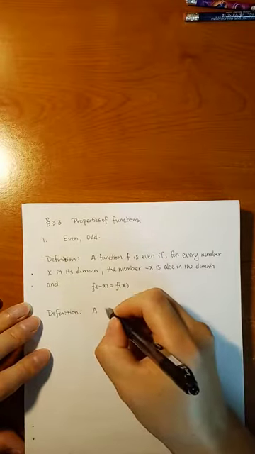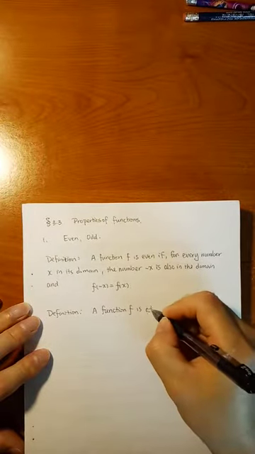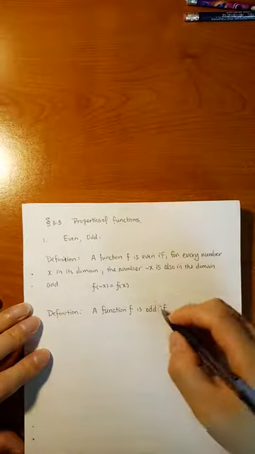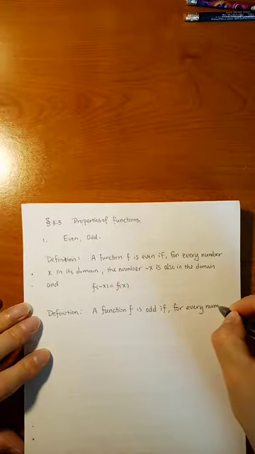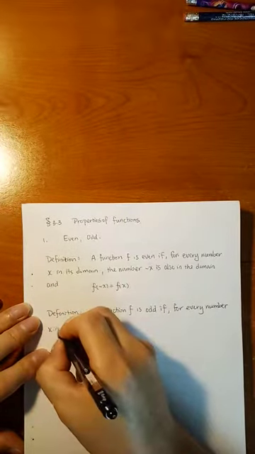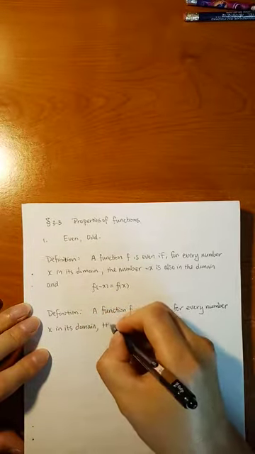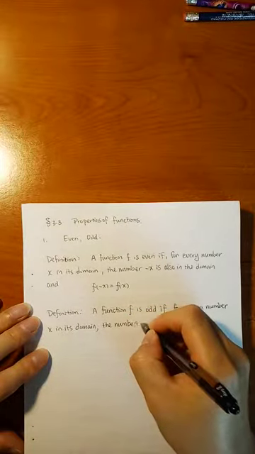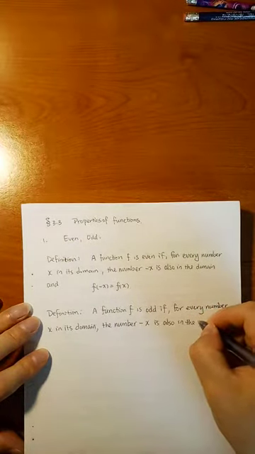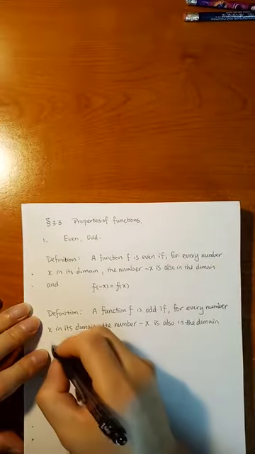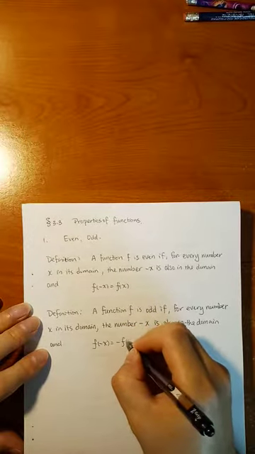A function is odd if the same thing holds for every number x in its domain, the number negative x is also in the domain, and, okay, the difference comes: f of negative x is negative f of x.